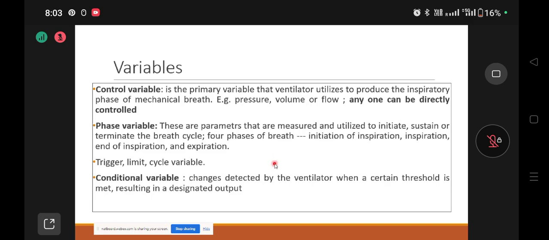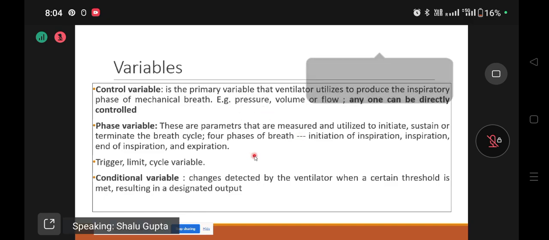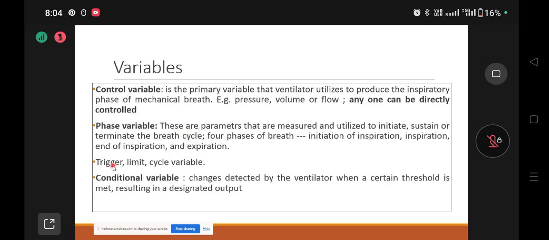These are the 4 phases of breath, which are controlled by various variables which include flow, pressure, time, all these things. So this is what we call trigger, limit, and cycle variables, and we'll be talking about this in subsequent slides. Why I'm emphasizing this is because most of the ventilators, when you go through them, will use these terminologies to describe their modes.